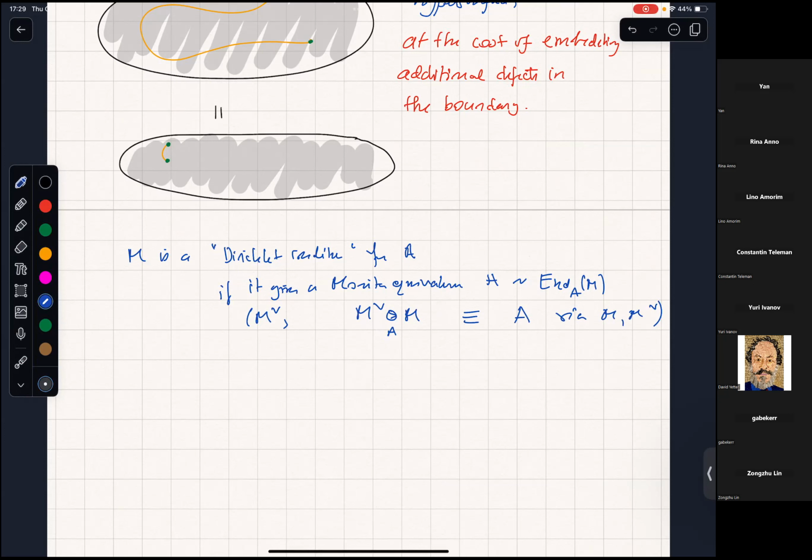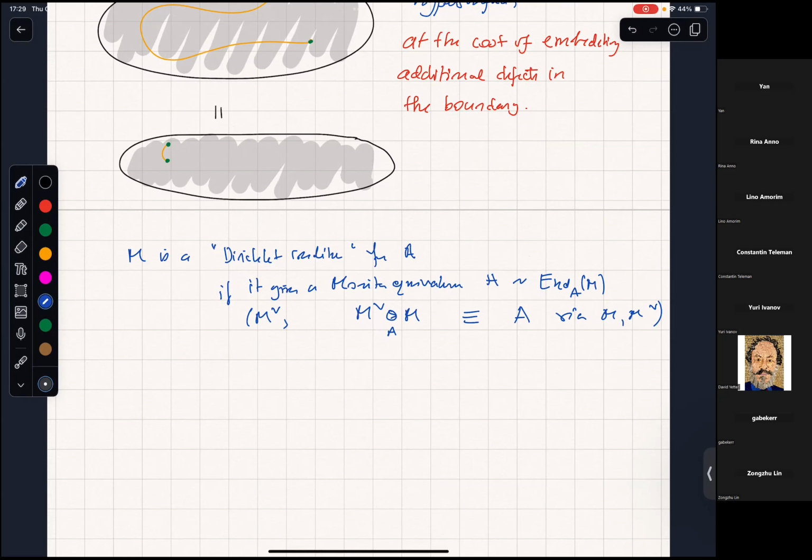It's tempting to try to weaken that by saying it's just a generating object of the category, but that condition I don't know can be generalized to higher categories, because generating object is a weaker notion.